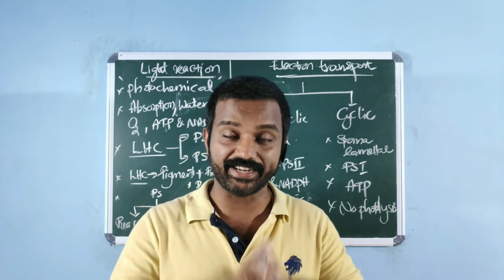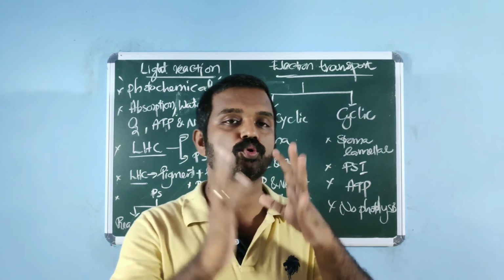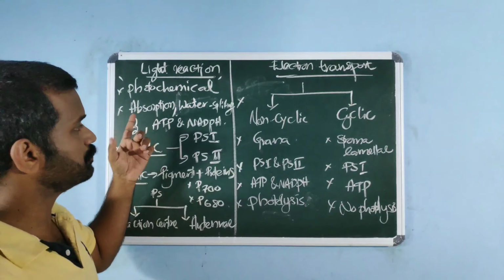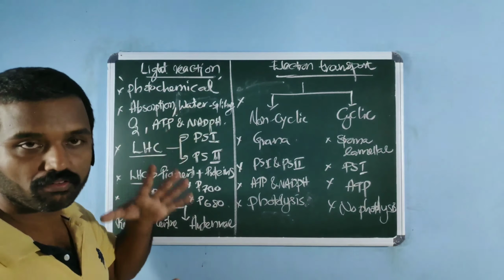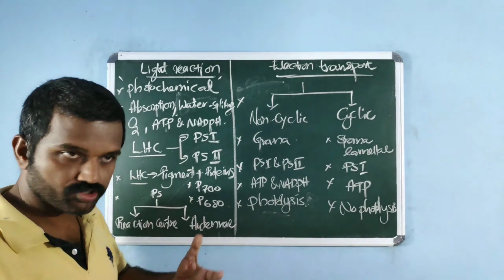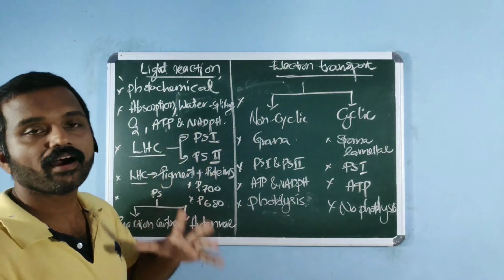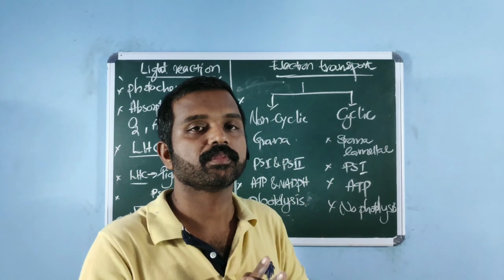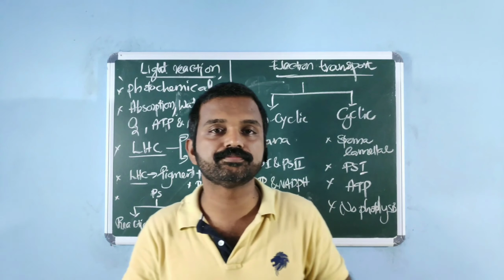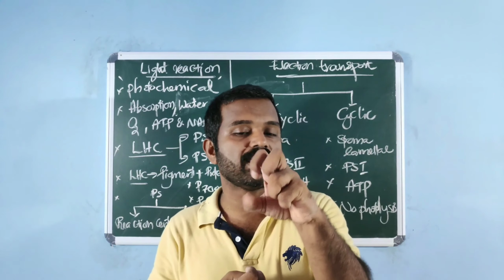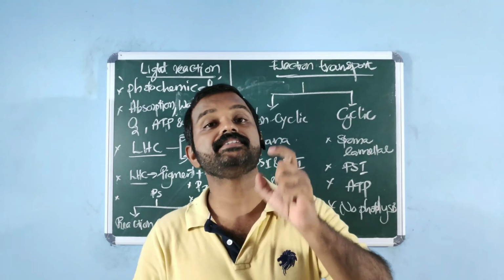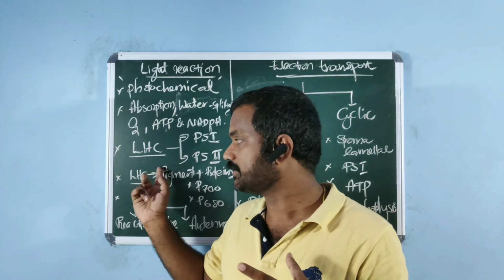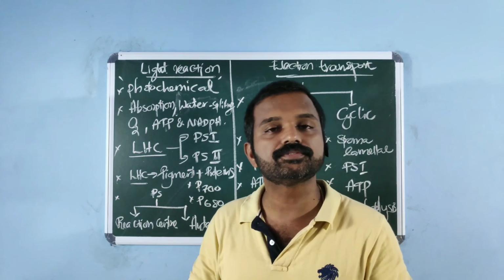Light reaction, that is the photochemical phase of photosynthesis. Light reaction or photochemical phase involves absorption of light, then splitting of water, then release of oxygen and synthesis of ATP and NADPH. The next point, what is LHC? Light harvesting complex. The pigments are organized into LHC, light harvesting complex, composed of pigments and proteins.